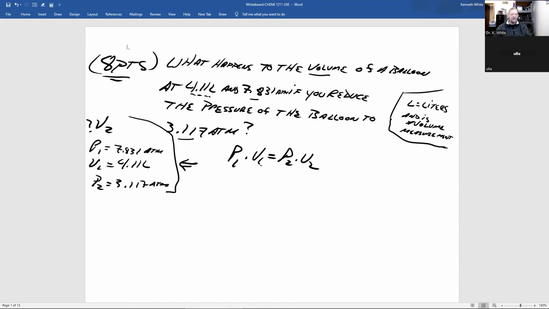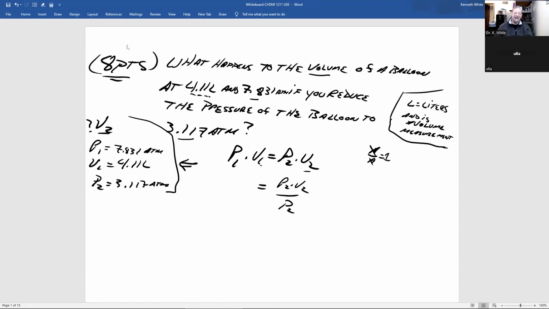Now, what are we trying to solve for? V2. We want it alone on one side. How do we do that? Well, anything divided by itself equals the number 1. So if I want to get rid of P2 because I want V2 alone on one side, I'll divide by P2.